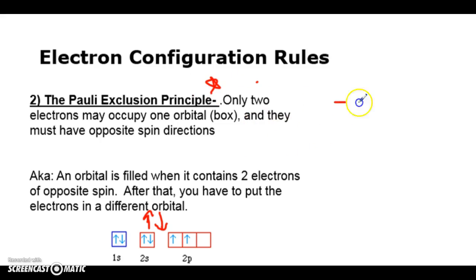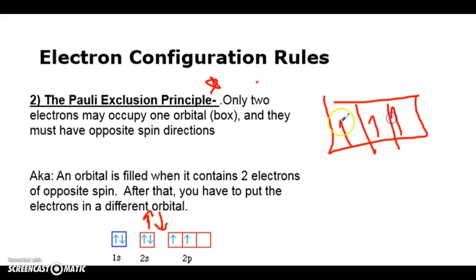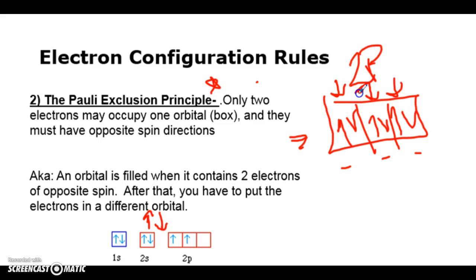So when you draw them in the box, single first, and then they pair up. Remember, if we're in a 2p, it doesn't matter which p they go in first or second, because all these p orbitals have the same energy. They're all in the 2p.